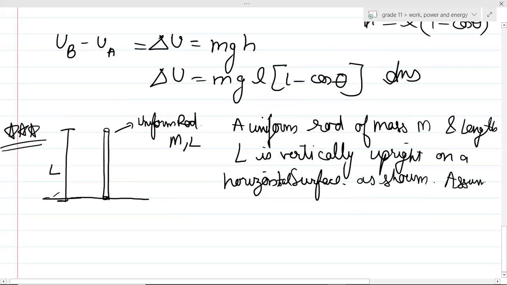Assume potential energy is zero at the base of the rod. Where is the base of the rod? Let's say at point A.